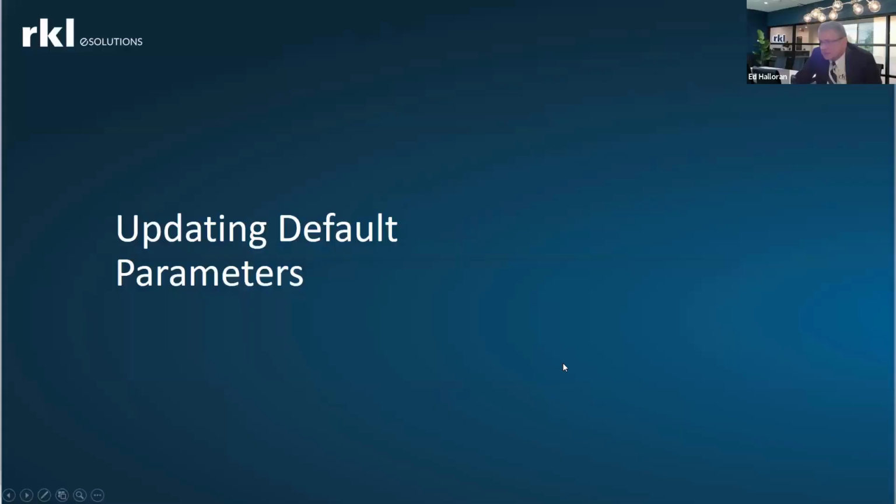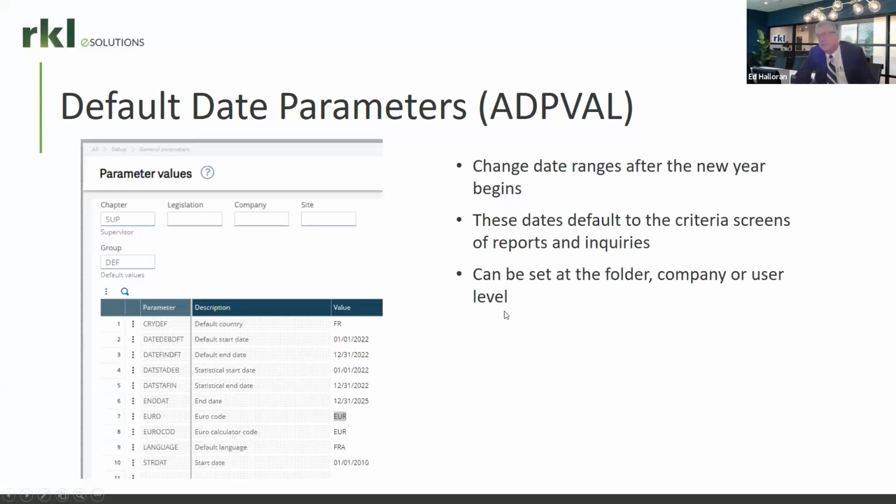So that's 1099s. And then the last thing here is you want to update your default date parameters in the system. So these dates default to the criteria screens of reports and inquiries. And the main one here is lines 2 and 3, default start date and default end date.